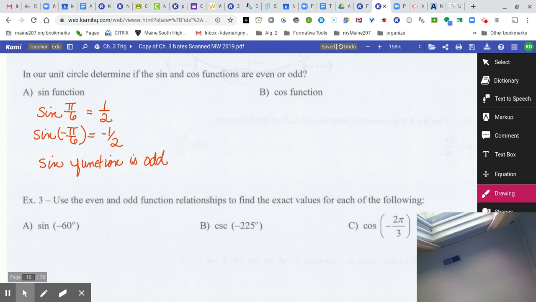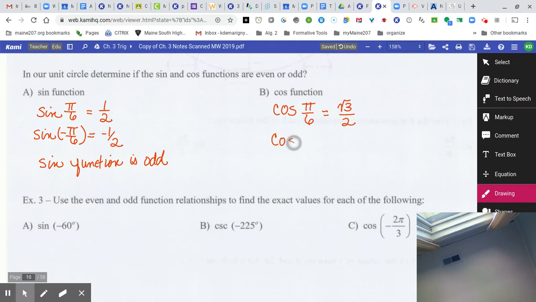The cosine function, if I take the exact same value, so let's say this time I'm going to use the cosine of pi over 6, and the cosine of pi over 6 is equal to square root of 3 over 2.